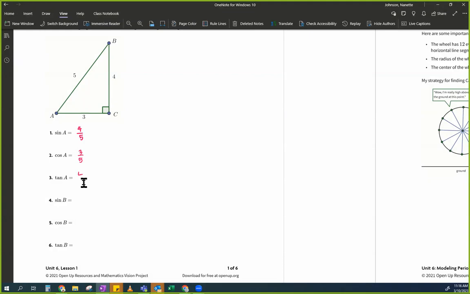I'm going to change colors for my B's. Sine of B, very good, 3/5. Hey, that looks familiar. Does any look familiar? I feel like you guys told me 3/5 before. I don't know, maybe not. Cosine of B. Very good, 4/5. Last but not least, tangent of B, 3/4.